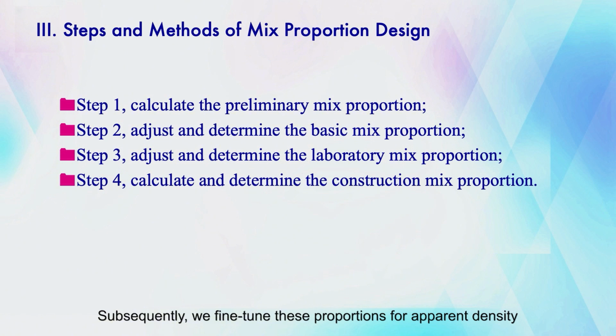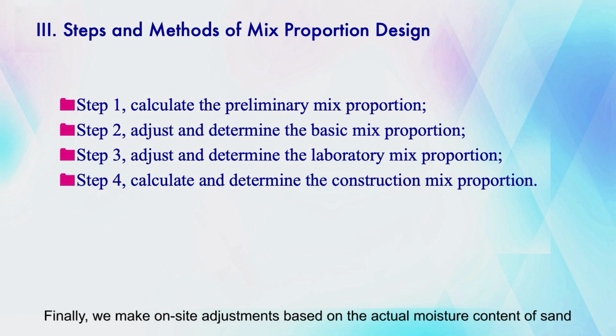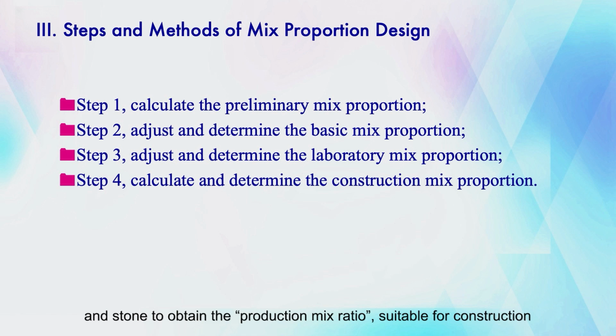Subsequently, we fine-tune these proportions for apparent density and strength to determine the laboratory ratio, which meets both design and construction requirements. Finally, we make on-site adjustments based on the actual moisture content of sand and stone to obtain the production mix ratio suitable for construction.